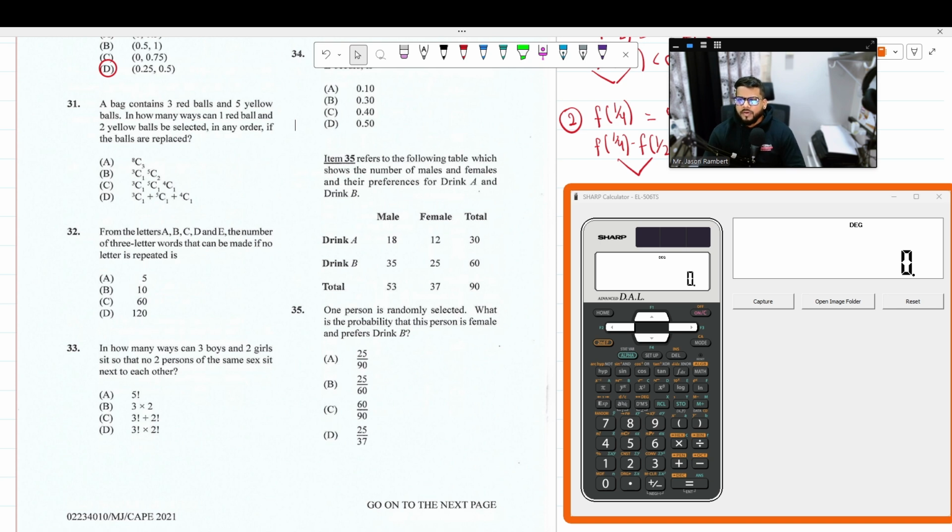And I will advise in these instances, if there's no correct answer and you get an answer, put the answer that closely matches your answer. So number 31, there was an error in it. The answer is 3 choose 1, 5 choose 1, 5 choose 1.